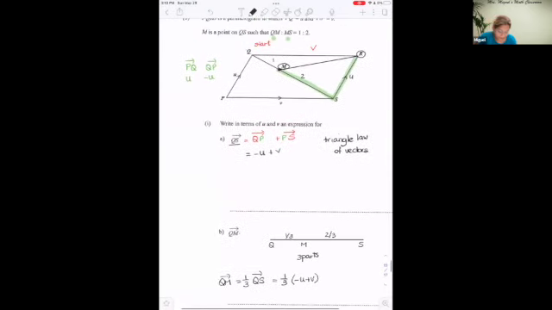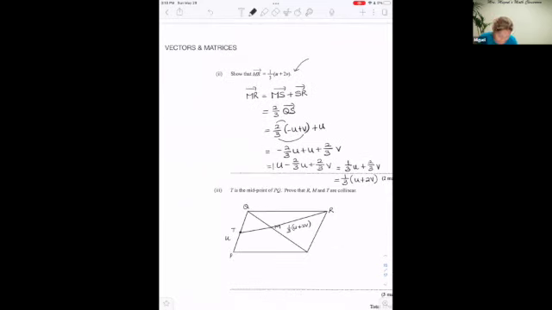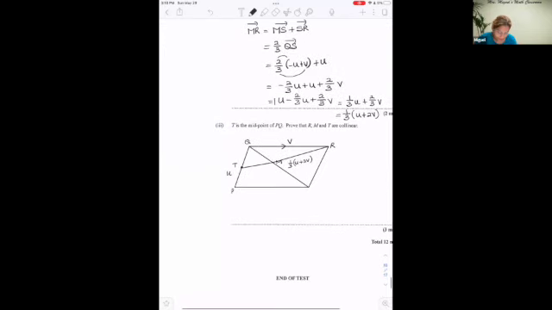And we have this vector here, QR, which is V. So TR is TQ plus QR. Now TQ is a half because it is the midpoint. So this is a half U. So a half U plus V.